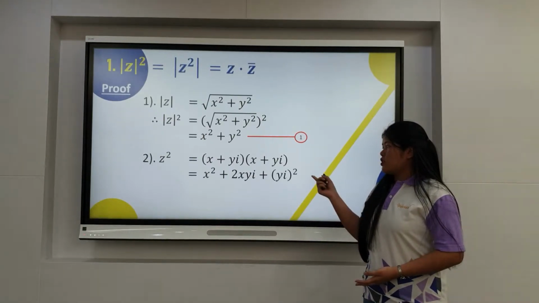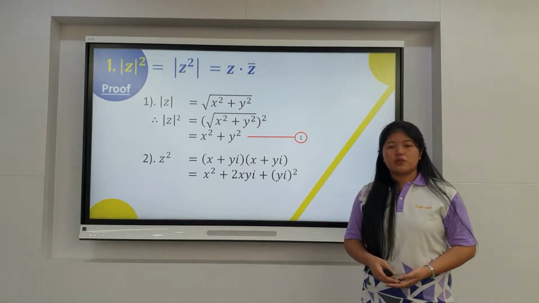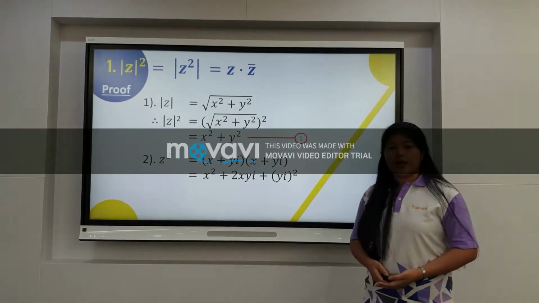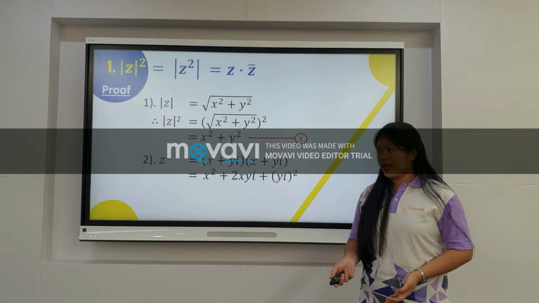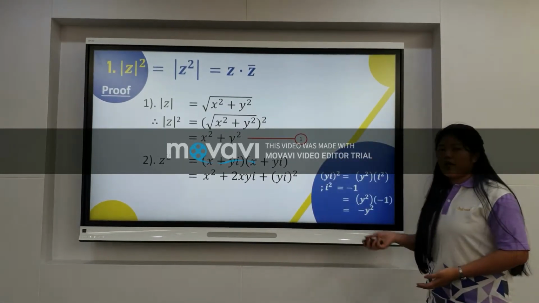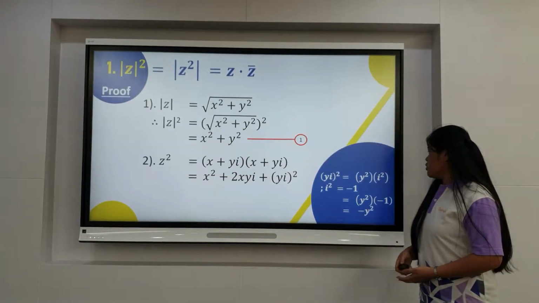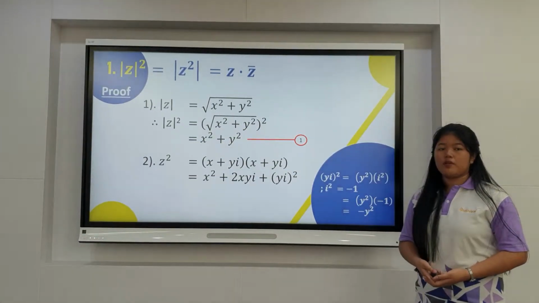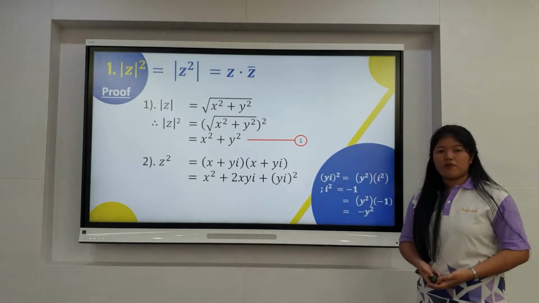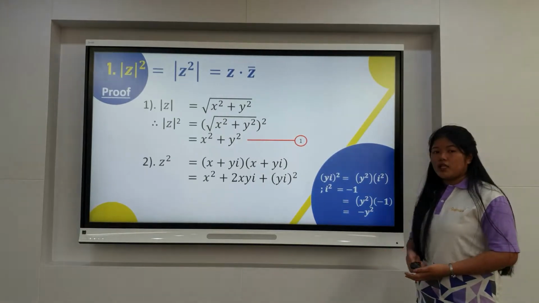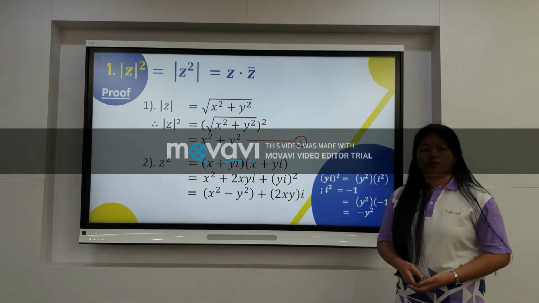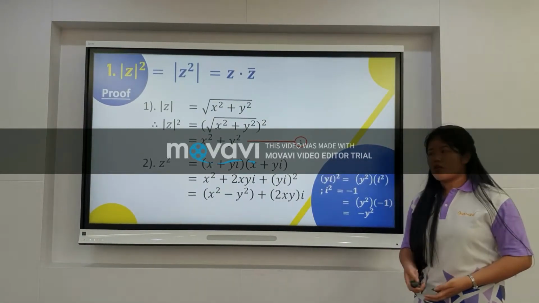In this equation, I use the distributive property, and we will get x squared plus 2xyi plus (yi) squared. At this point, (yi) squared is equal to y squared times i squared, and we know that i squared equals negative 1. So (yi) squared is negative y squared.